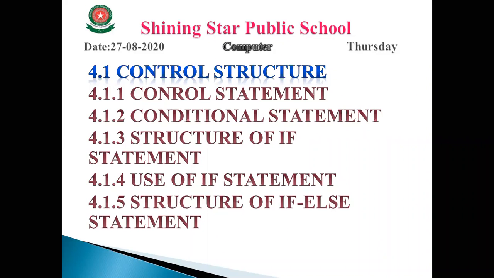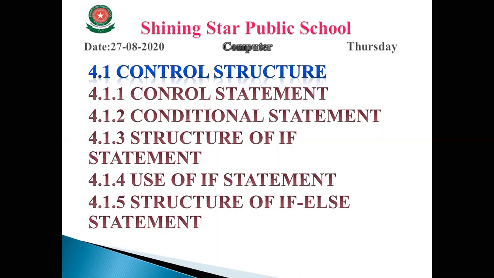Next, arithmetic operators, and we know that we have 4 types of arithmetic operators in mathematics: plus, minus, multiply, divide. But in computer, we have 5 types of arithmetic operators: plus, minus, multiply, divide, and remainder. Assignment operator. Assignment operator means the sign of equal. The work of the assignment operator is to store the value of the right hand side in the left hand side variable.